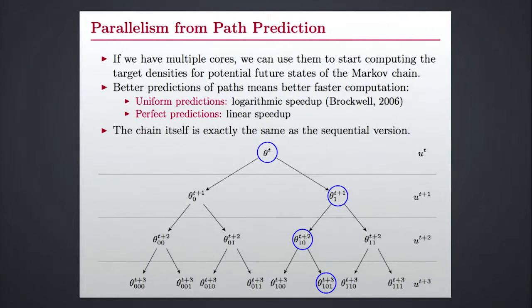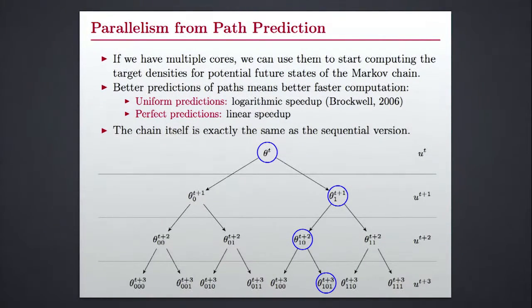I know where I'm going to be, so I start computing those pies with all their zillions and zillions of terms. I could just get started now. Then I have things running in parallel, and I get to consume the results when I actually get there.